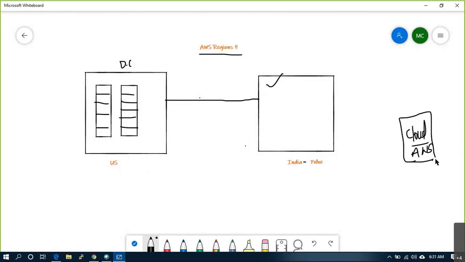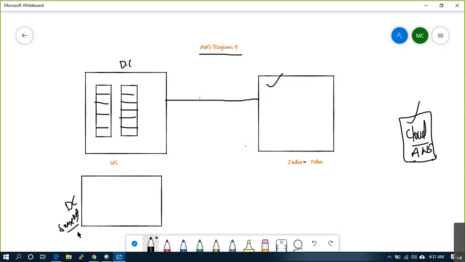Now, what is cloud? Basically, what we discussed yesterday. What is cloud? Guys, come on. I'll simply say it is also a data center, managed by someone else.